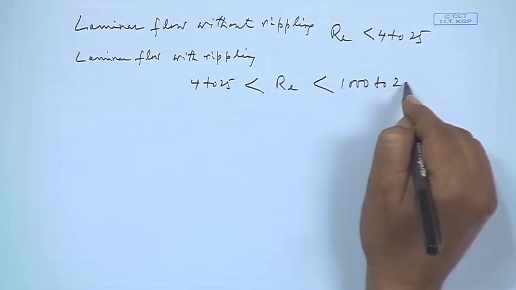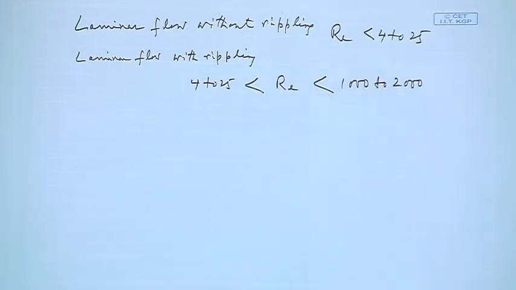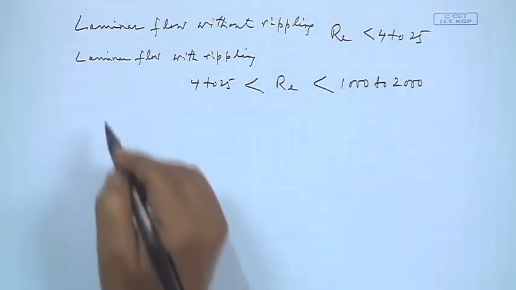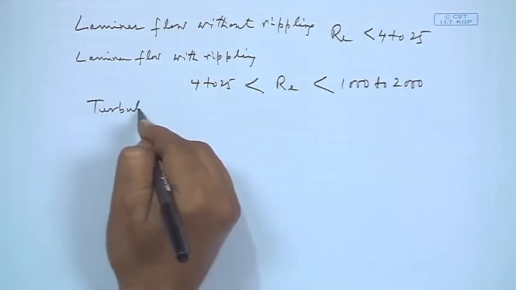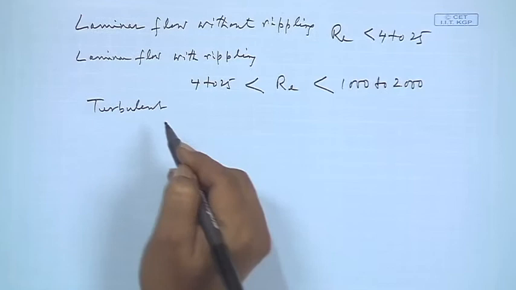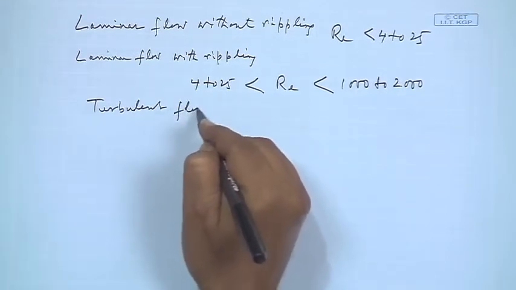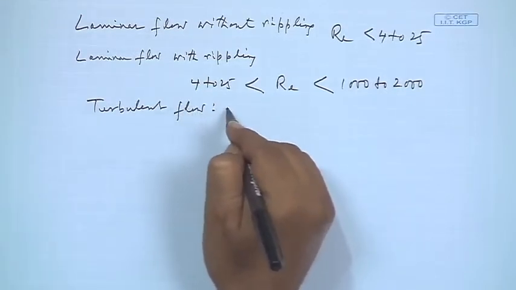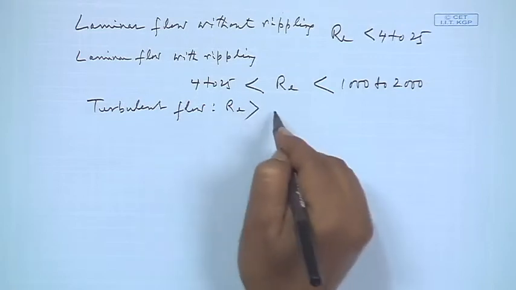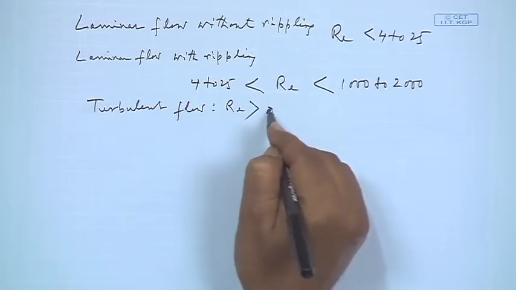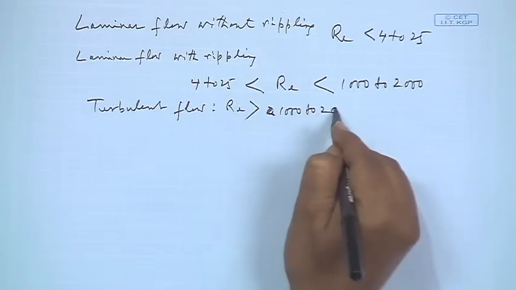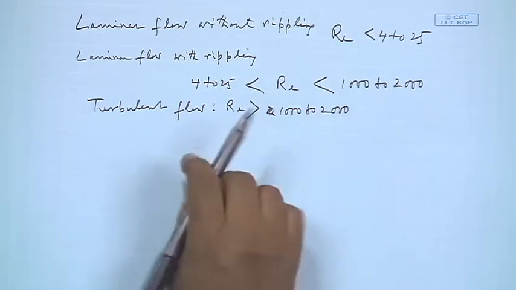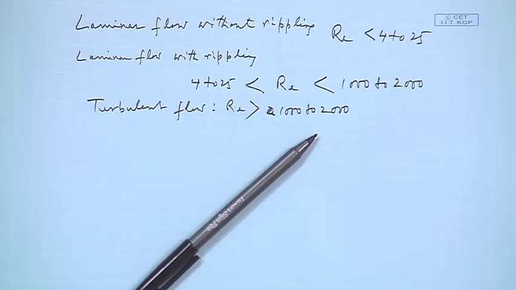It is quite a big number, 1000 to 2000. And turbulent flow can be greater than 1000 to 2000, right?